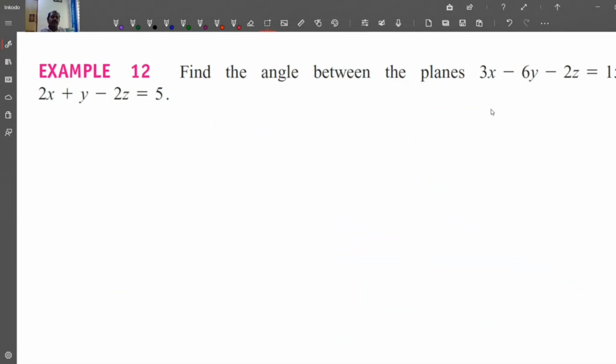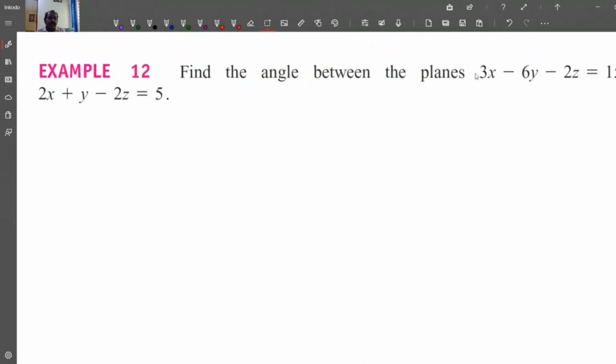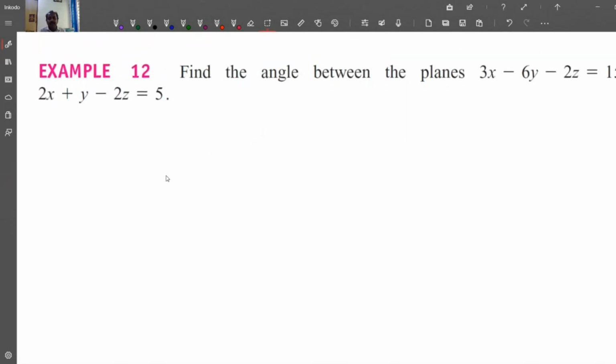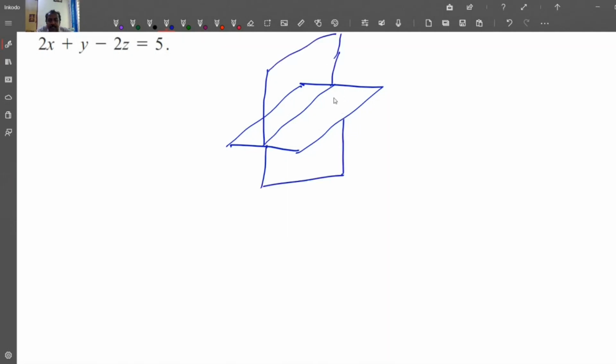Find the angle between the planes 3x minus 6y minus 2z is equal to 15, 2x plus y minus 2z is equal to 5. And you know that the angle between the planes is the same as the angle between the perpendiculars to the planes. So suppose we have two planes like this, one plane like this, another plane like this, and the angle between these two planes is this.